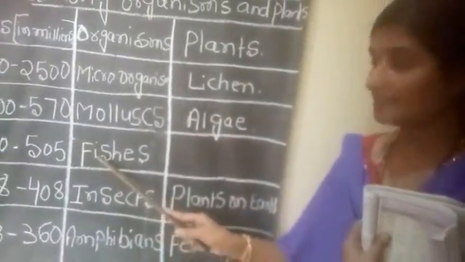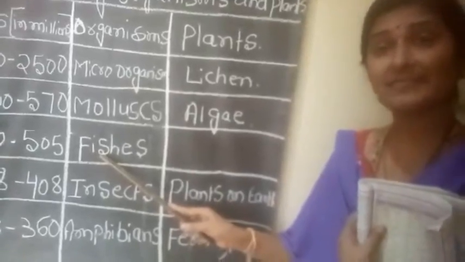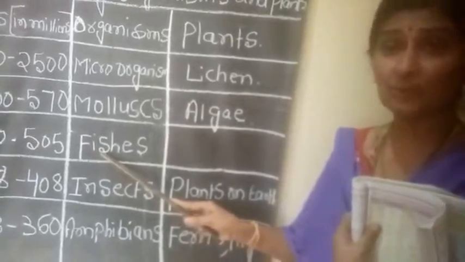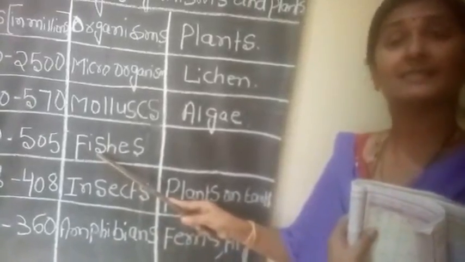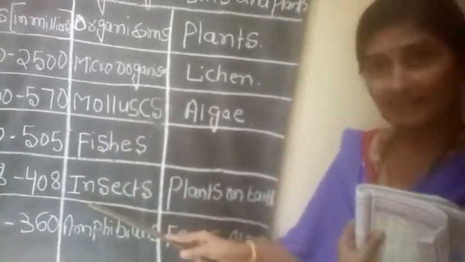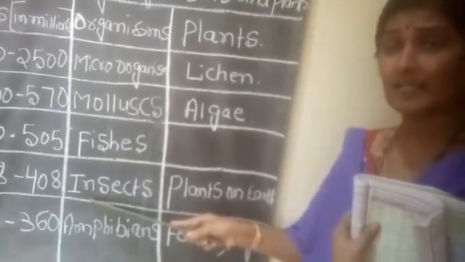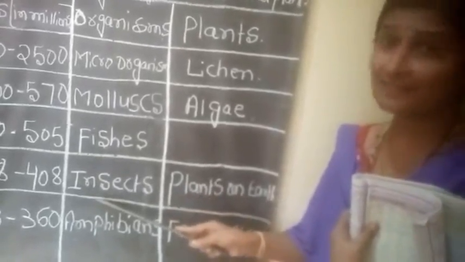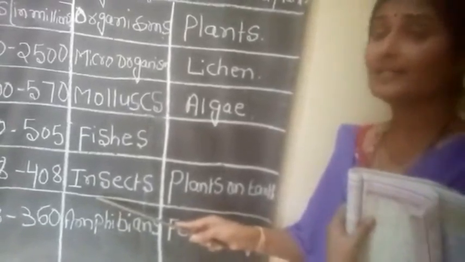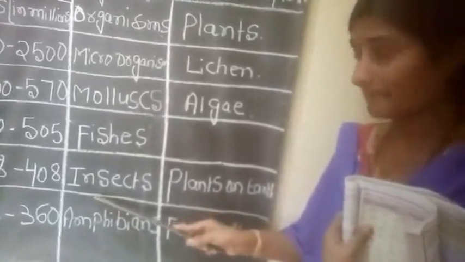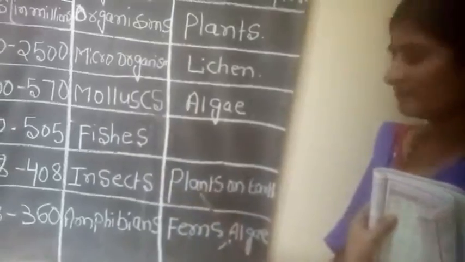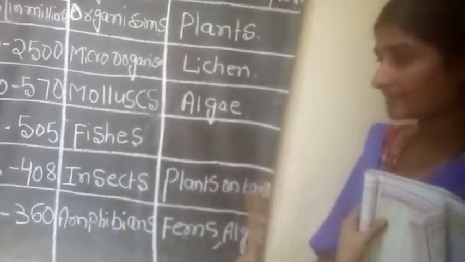Coming to fishes, it's an aquatic animal because fishes live in water. Example, blue whale, sharks, dolphins, etc. And insects: honeybee, flies, mosquitoes, lizards come under the category of insects. I have included the flying insect like dragonfly. And coming to plants, you find a number of plants on earth.